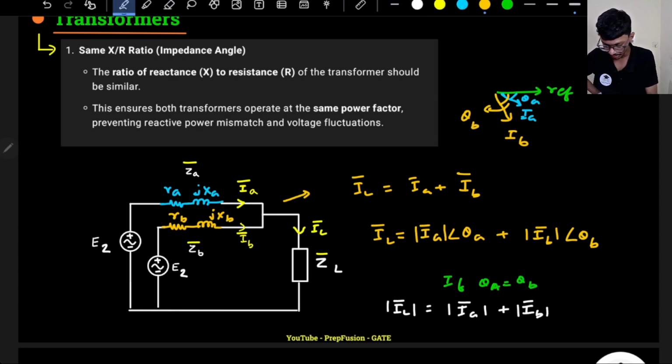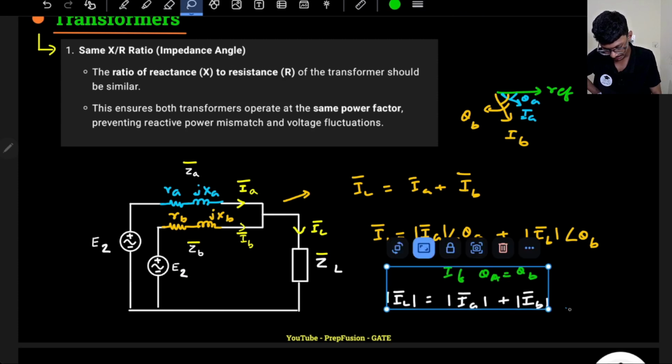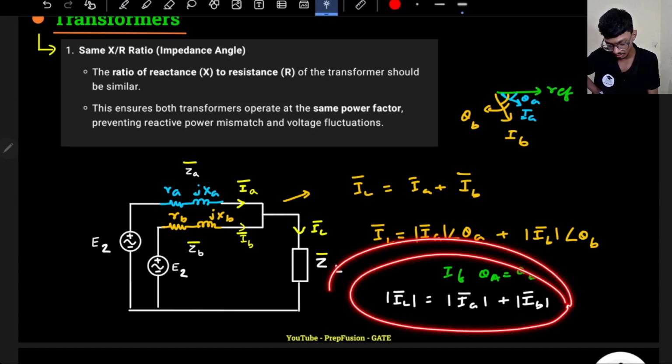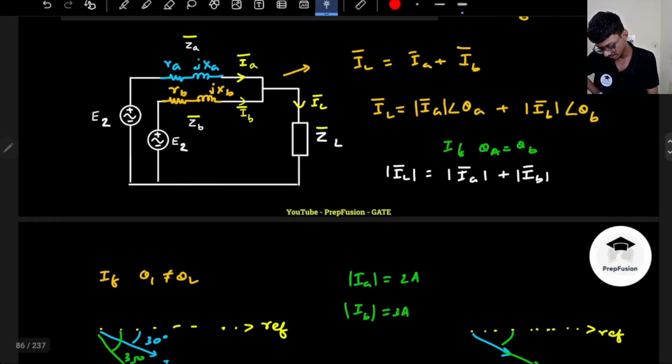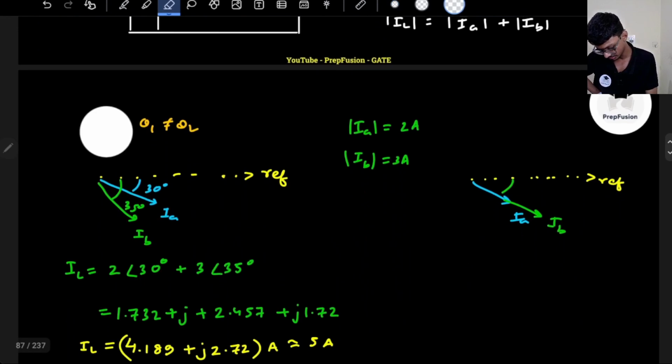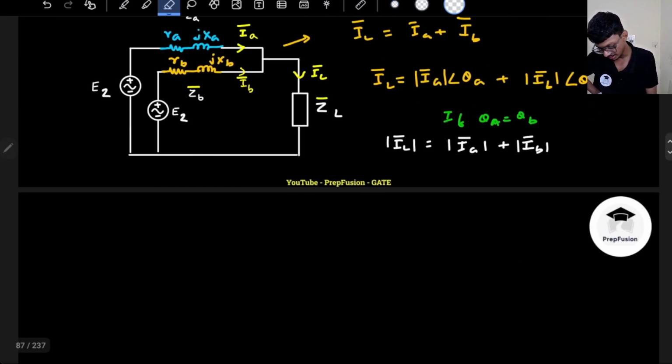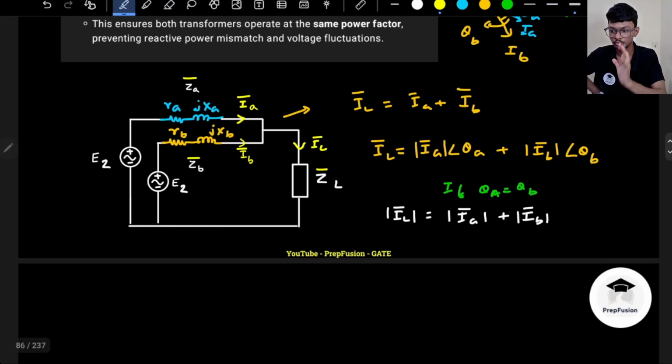So what I can comment is that if they are not equal, I cannot write this equation, and if I cannot write this equation, then I cannot directly comment that they will share load proportional to their impedance magnitude.